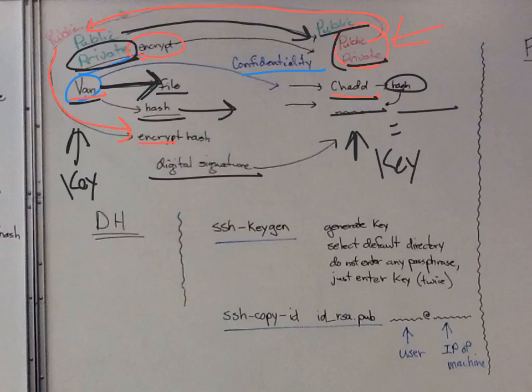He can take a hash and encrypt the hash using his private key and create what we refer to as a digital signature. He can send that over.